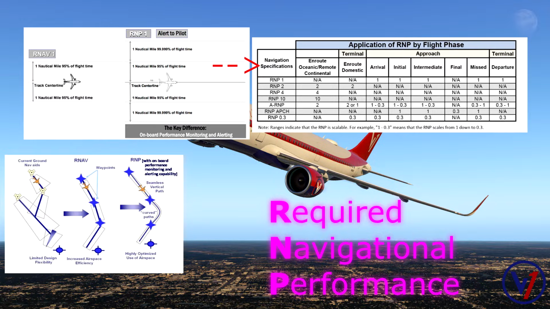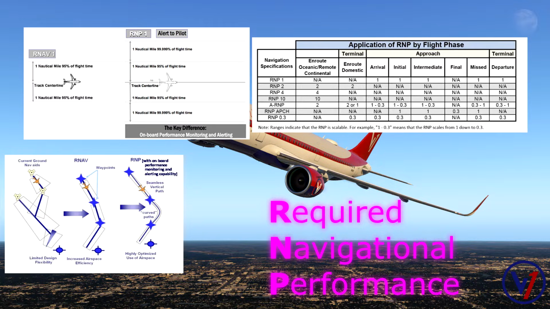Without getting into too much detail and boring you much longer with all of these terms, what you need to know for simulator purposes is that for an RNP approach, you must have the required navigational performance on your aircraft. The Toliss in this example does allow for RNP approaches down to 0.3 nautical miles. This is a very high accuracy tolerance, and it allows for certain RNP approaches to be conducted.